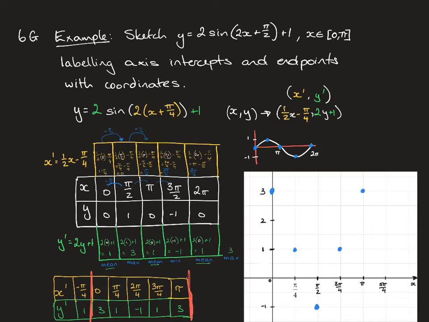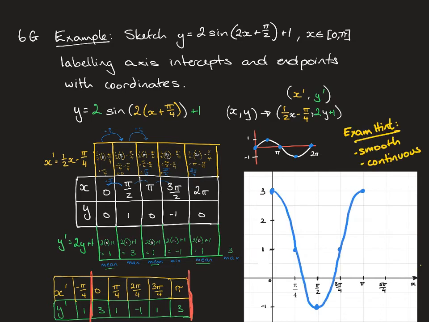And please make sure when you're sketching a graph in the exam that you use a smooth, continuous line. So make sure that when you sketch a graph, sketch in pencil. If you sketch a graph that's made up of all little jagged lines, what you're sketching is a hybrid function.